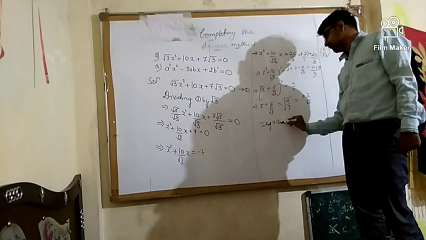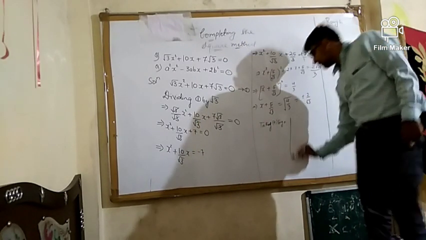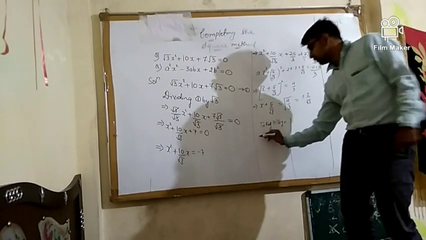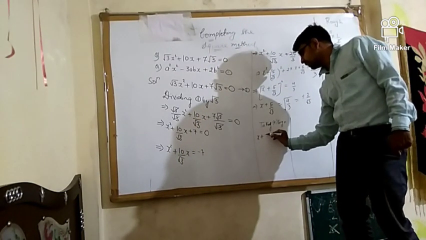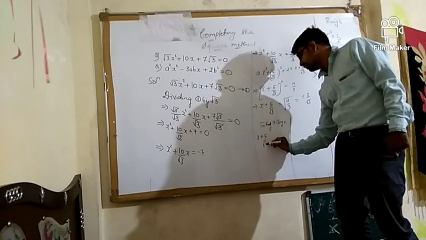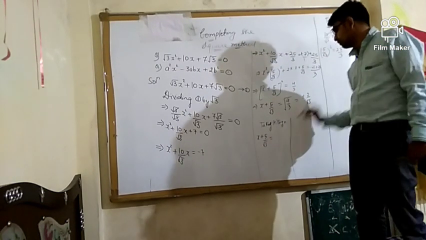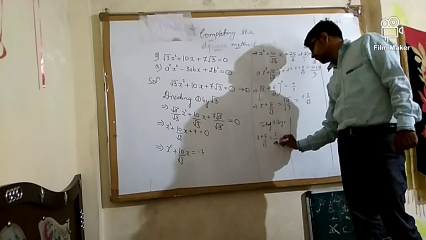Now, first take the positive sign. In the positive part, what I will get is x plus 5 by root 3 is equal to 2 by root 3.